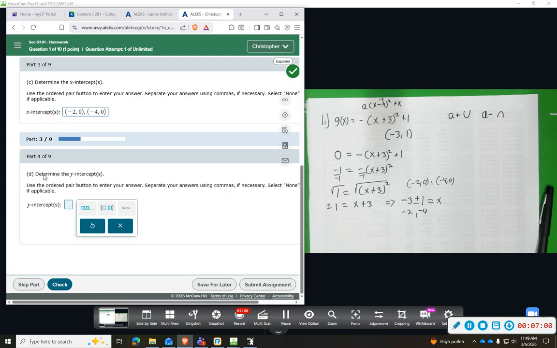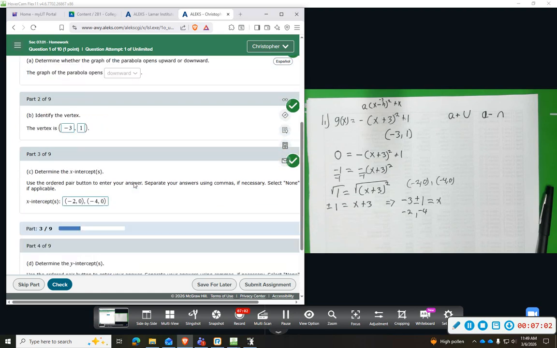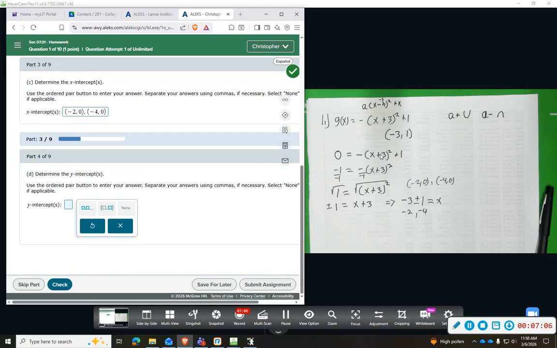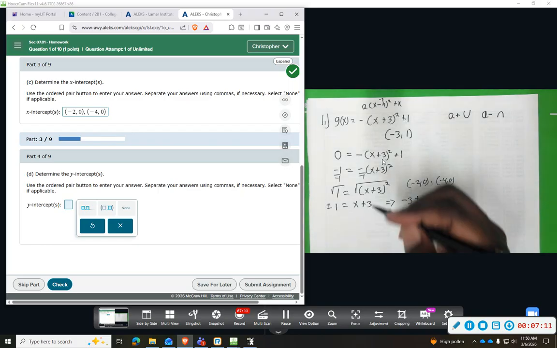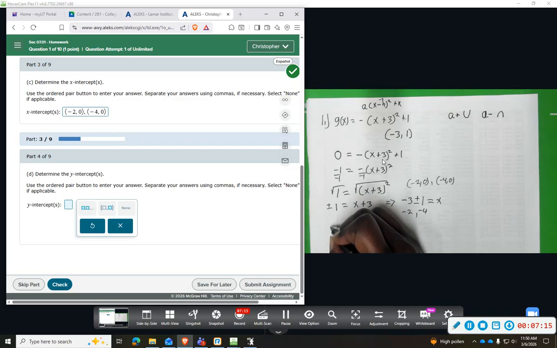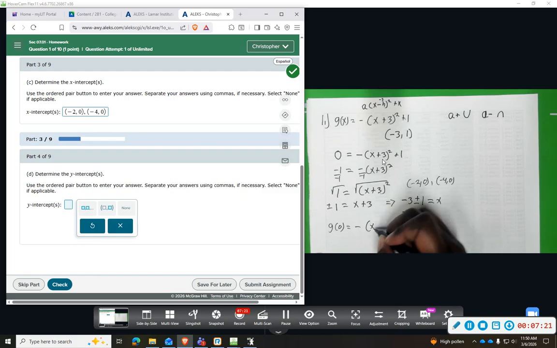Next part, determine the y-intercept. We get the y-intercept by plugging in a 0 for x and solving. So if I take my original function, plug in a 0 for x, basically we get 0 plus 3, which is 3.